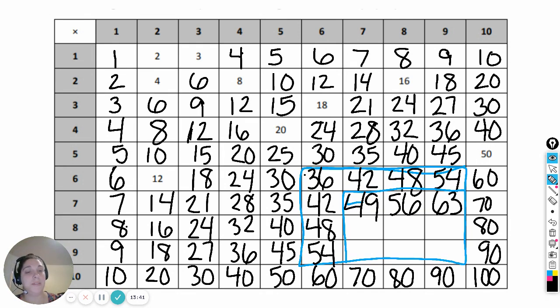And we would end at 70. Now we can use what we know to follow our 7 column the other way, going all the way down. So after 49 is our 56. And then our 63.